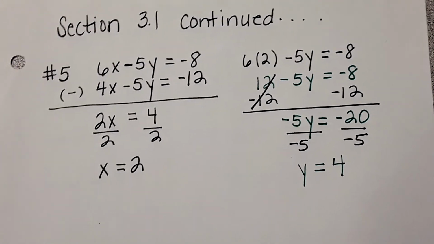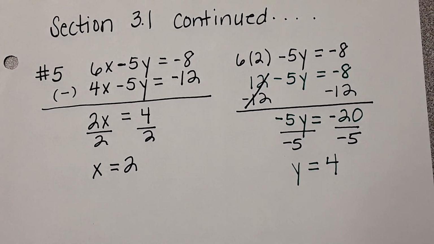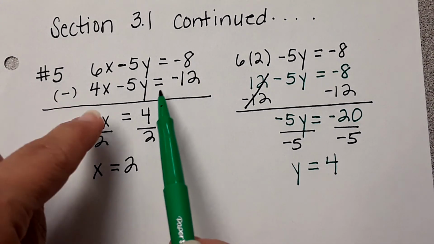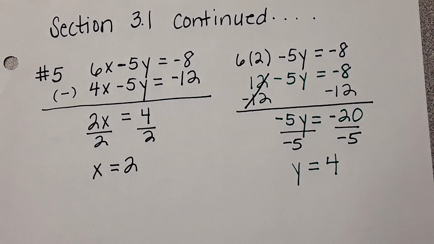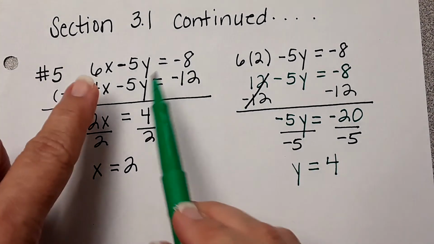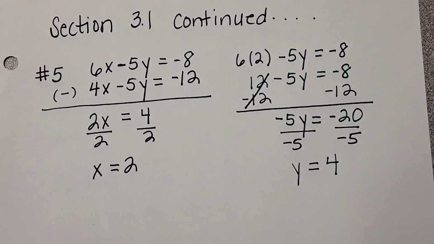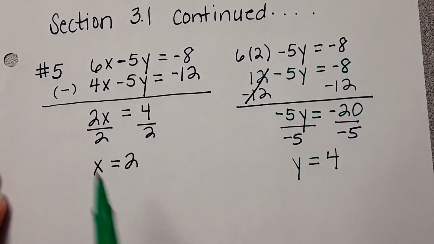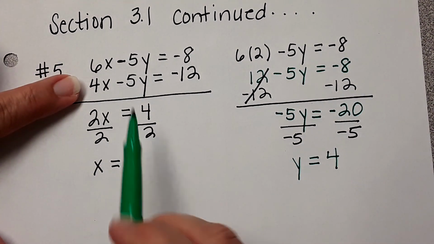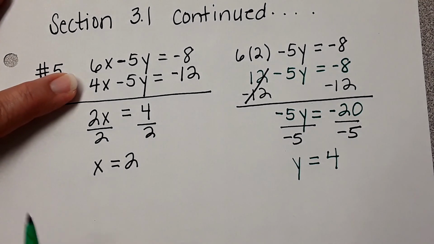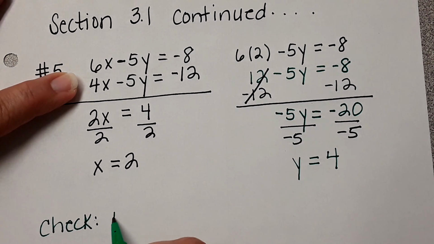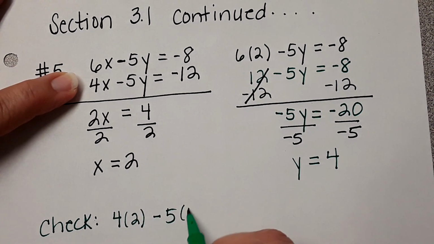Now, the nice thing about systems of equations is you can test this ordered pair in the second equation to make sure it's true. You can check your answer. We know it works for the top equation. Let's make sure it works for the bottom equation. We're just going to take the 4x. So we're going to do a real quick check here. 4 times 2 minus 5 times 4 equals -12.